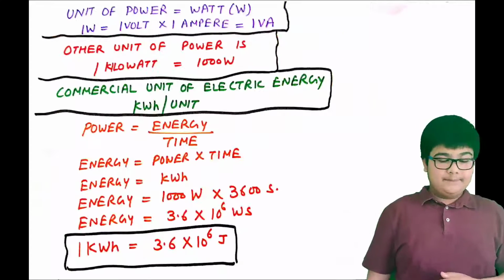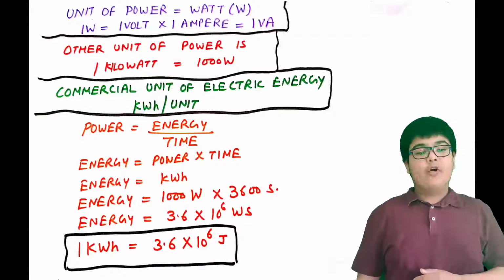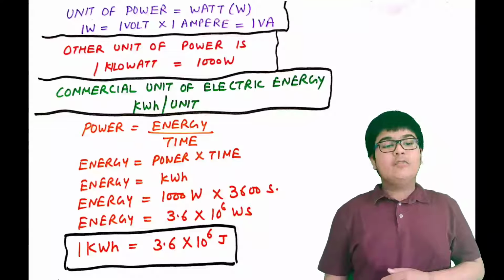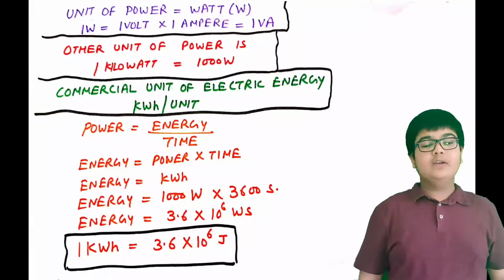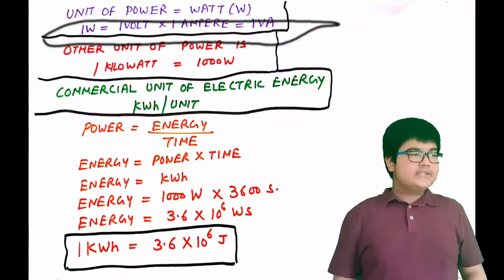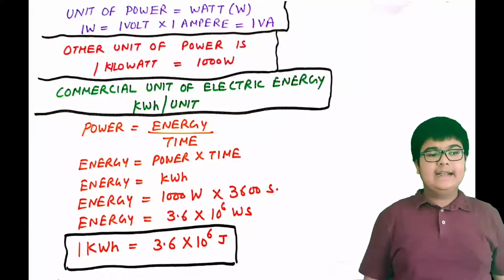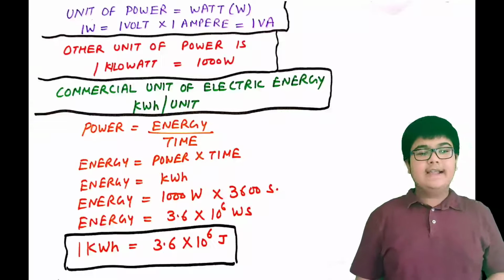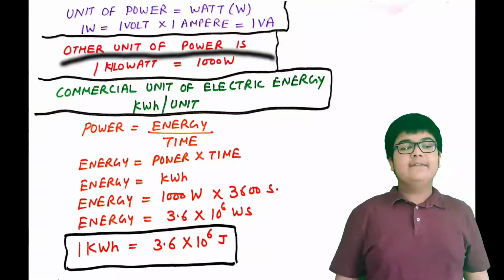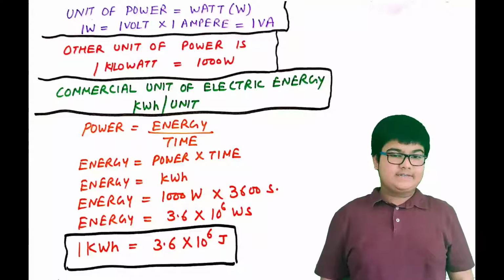Now the unit of power is watt, and its short form is W. 1 watt is equal to 1 volt into 1 ampere, or 1 volt ampere. Also there are some other units of power, that is kilowatts and horsepower. 1 kilowatt is 1000 watt and 1 horsepower is 746 watt.